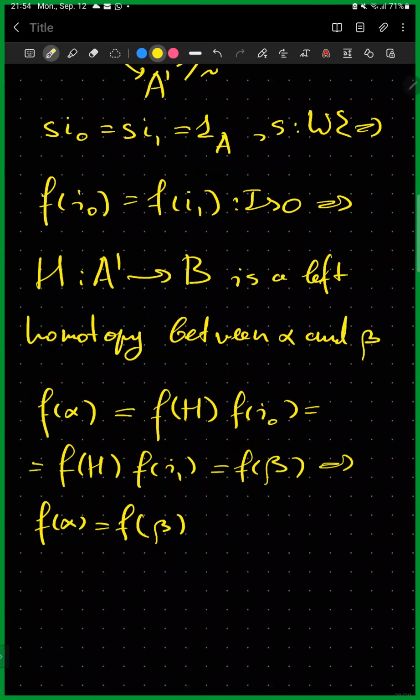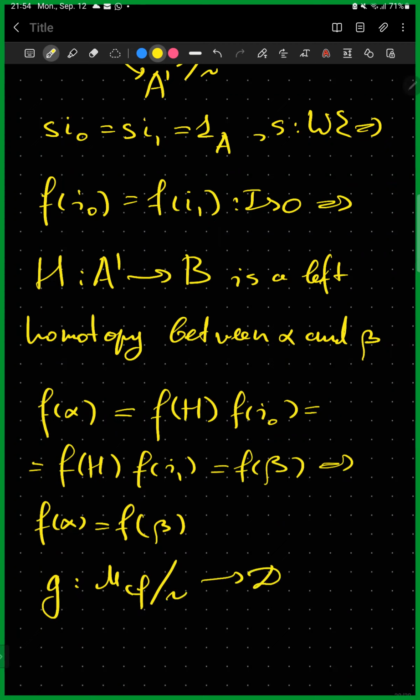This means that left homotopic, or since these objects are fibrant and cofibrant, just homotopic maps are mapped to the same thing under the functor F, which means that there exists a descent of this functor to this quotient category.